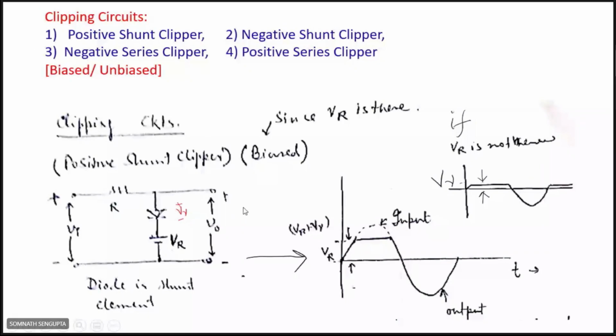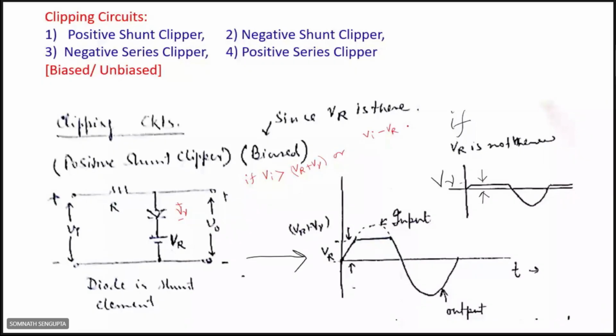Okay. So here I have written that if input voltage is greater than Vr plus V gamma, or you have told that Vi minus Vr is greater than V gamma.